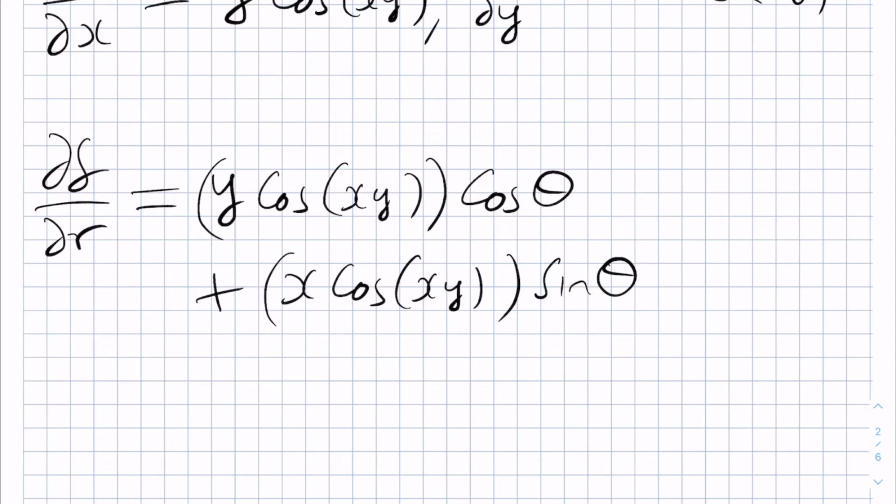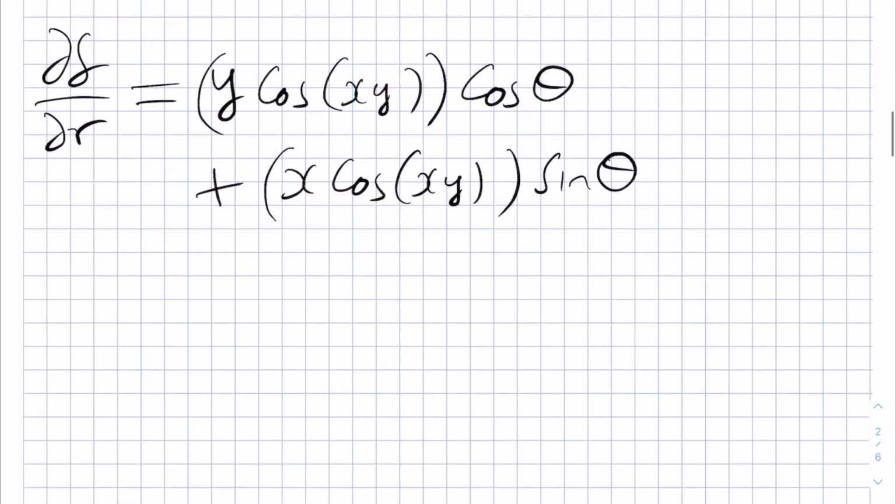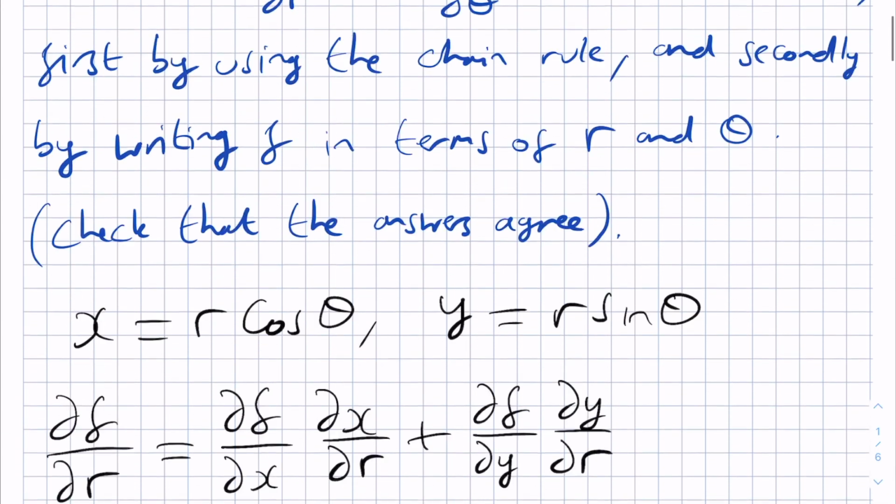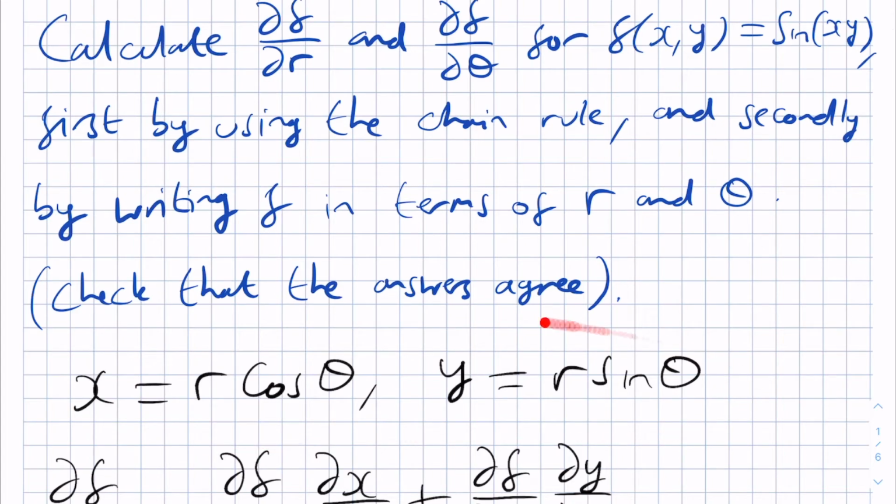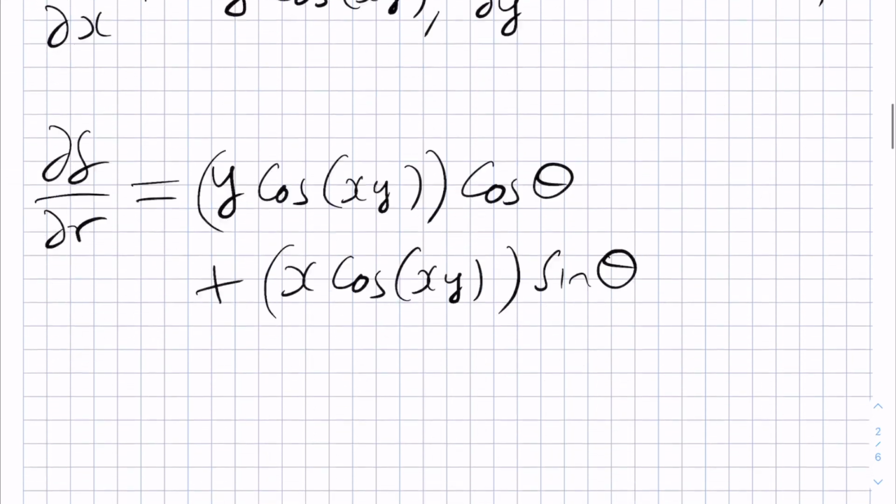In order to check later that this answer will agree with that of substituting r and θ directly, we'll want to write this in terms of r and θ. So let's do that now. We use the results here again for getting x and y in terms of r and θ.